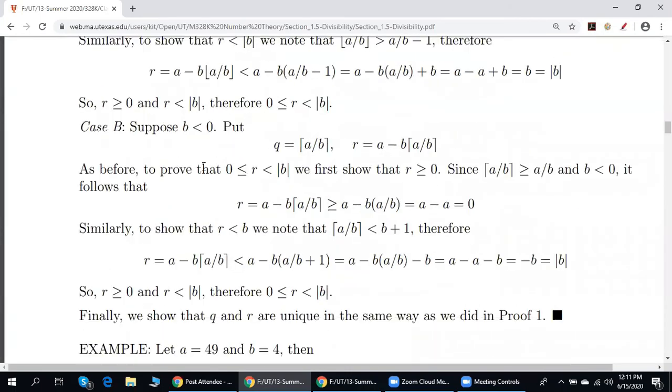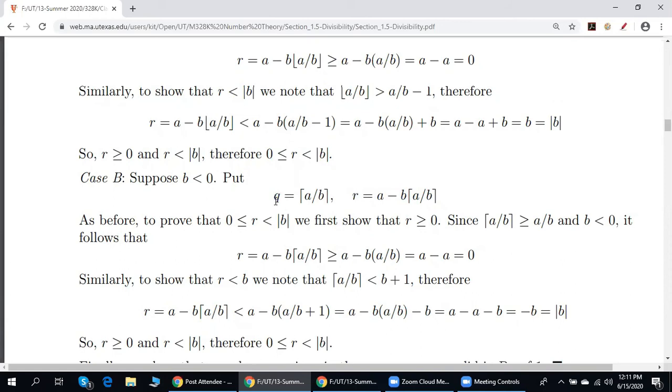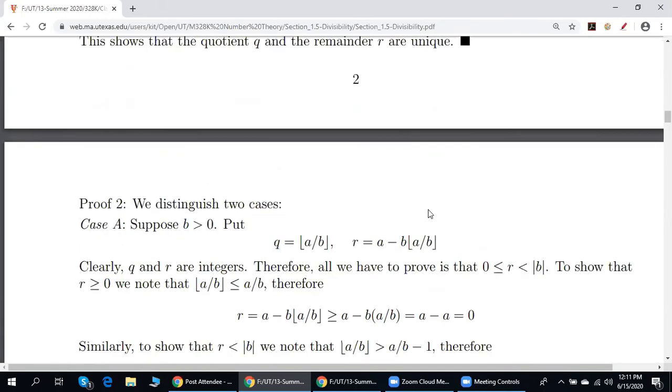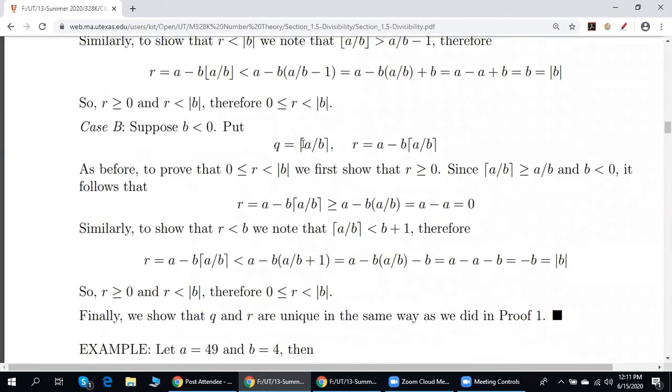Case 2. Suppose b is lesser than 0. Then formulas for q and r are different. Instead of the floor function, we use the ceiling function. Ceiling of a divided by b is the smallest integer which is greater or equal to a divided by b.